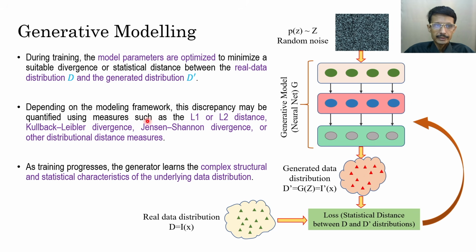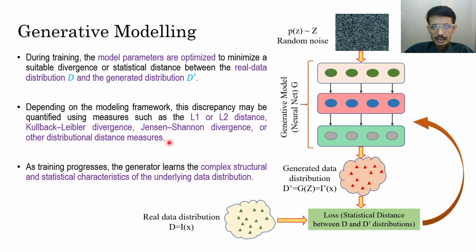Now, depending on the model's framework, this discrepancy may be quantified using different statistical measures: L1, L2 norm, Kullback-Leibler divergence, Jensen-Shannon divergence, or other distributional distance measures.